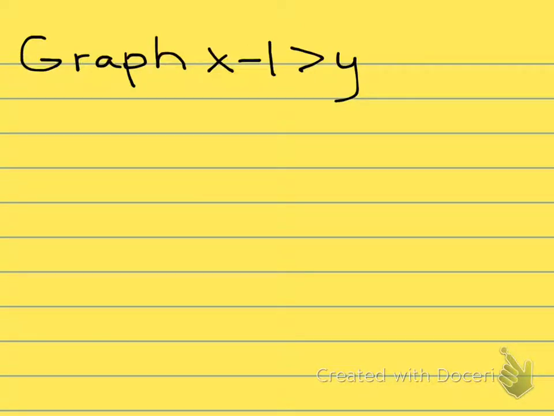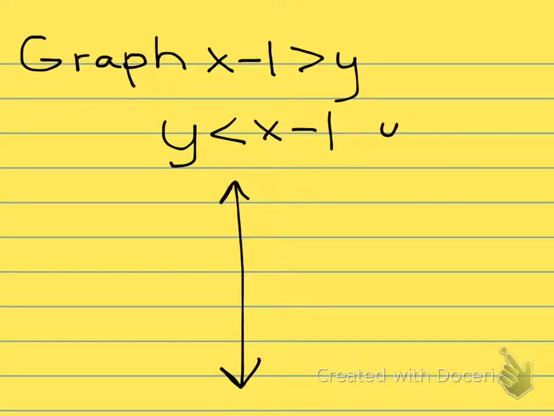The next one we're also going to graph, but notice this is not in slope-intercept form. Oh, actually it is. It's just reading it from the other side. So this reads y is less than x minus 1. So I'm going to graph y equals x minus 1, which means I start on the y-axis at -1.